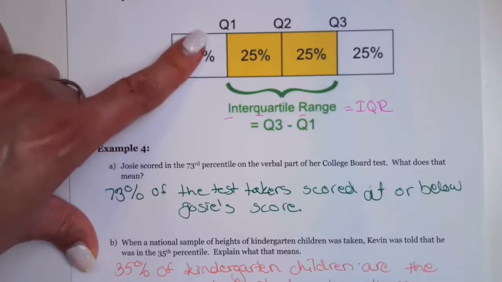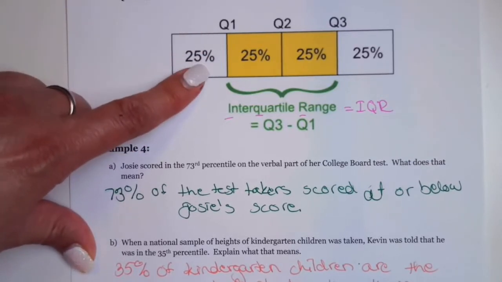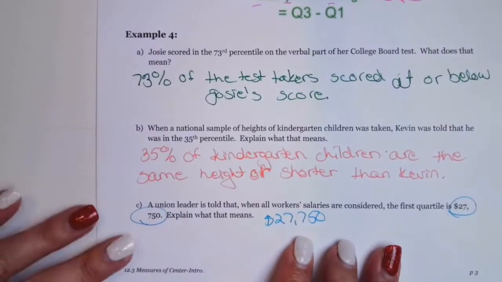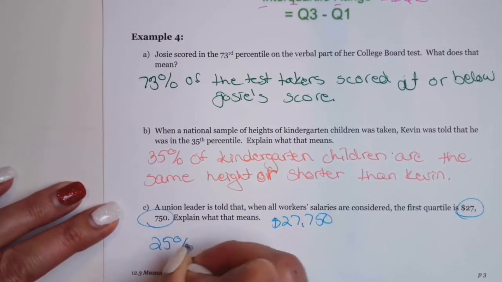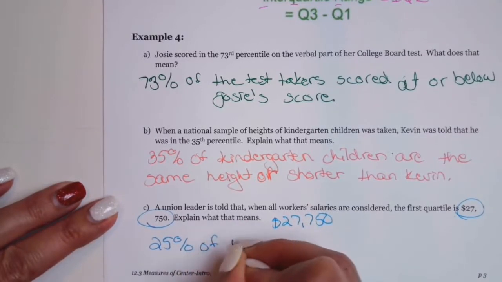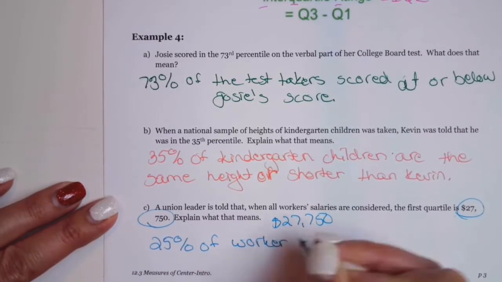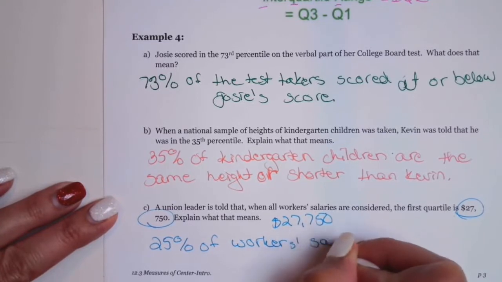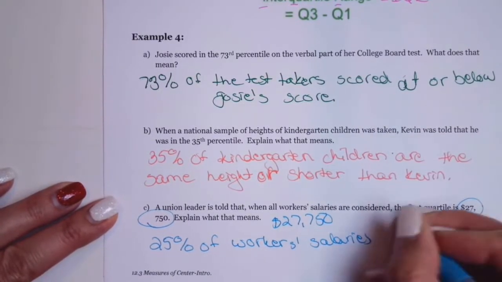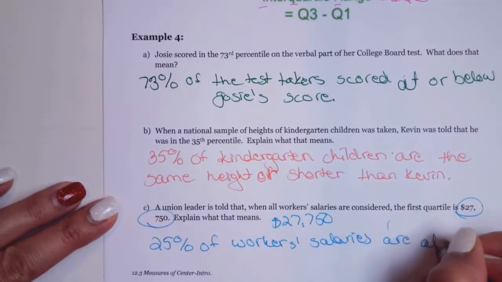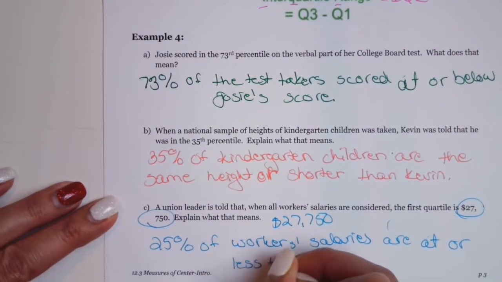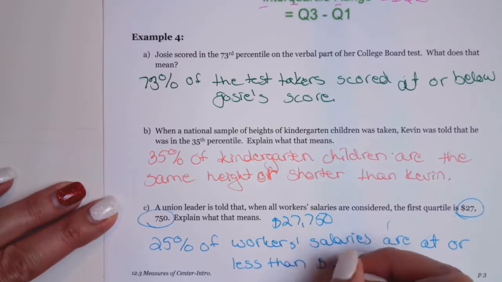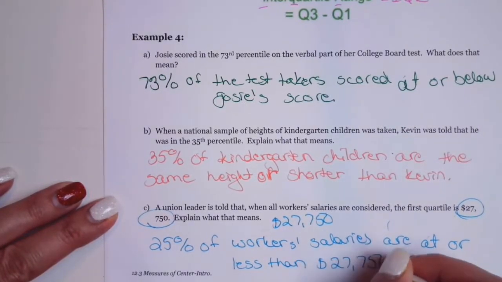That means that 25% of workers' salaries are at or less than $27,750.